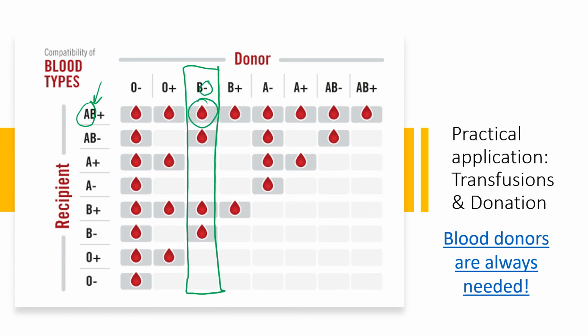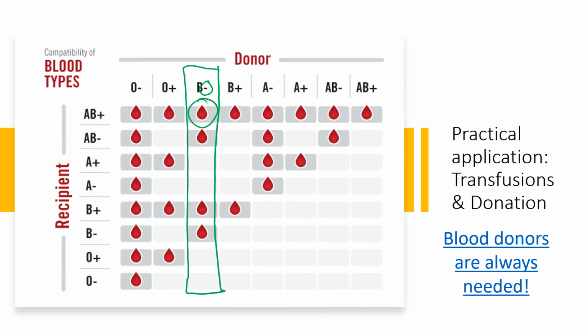I have no Rh factor, so there's no Rh for anyone to attack, so I can donate to pluses or minuses, positives or negatives. I can donate to AB negative as well. I can donate to other B negatives. I can donate to B positive. Now think for a minute.